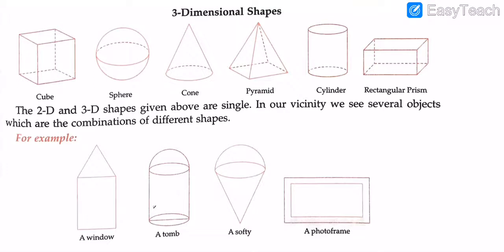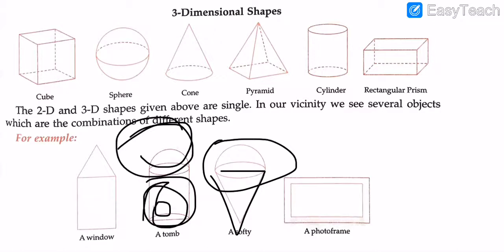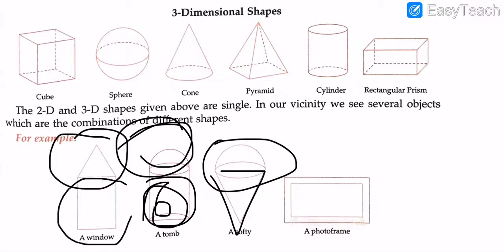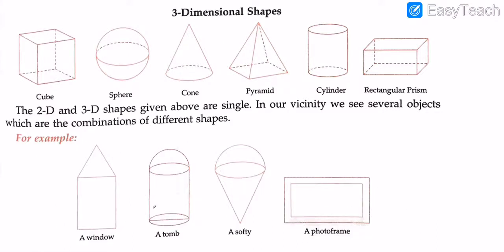So it has half a sphere above and it has a cone. So they're a mix of 3D shapes. Similarly, over here as well, a cylinder and a half a sphere again. A triangle and a rectangle. One big rectangle, inside that one more rectangle. So like that, you make different shapes.